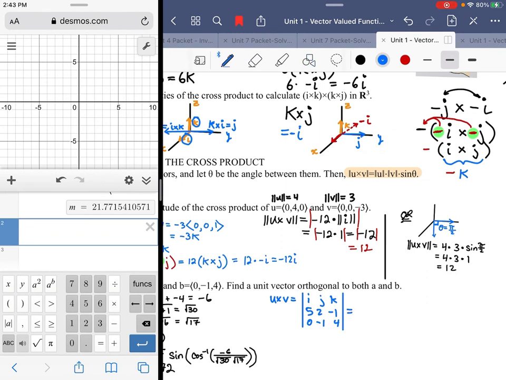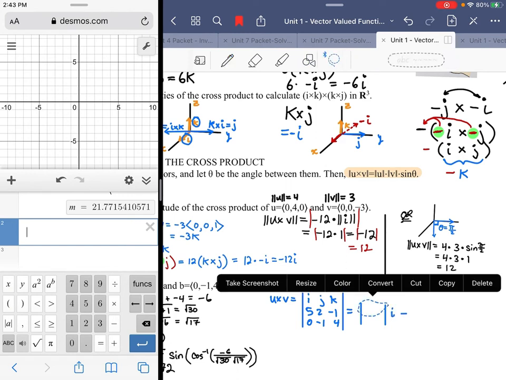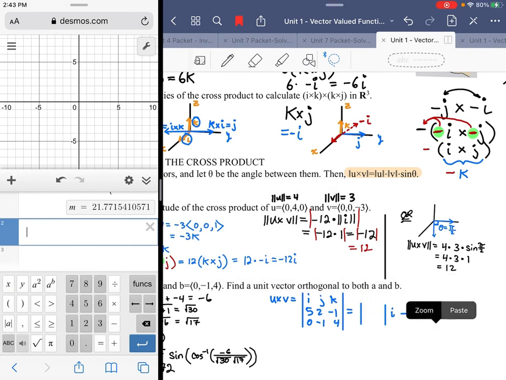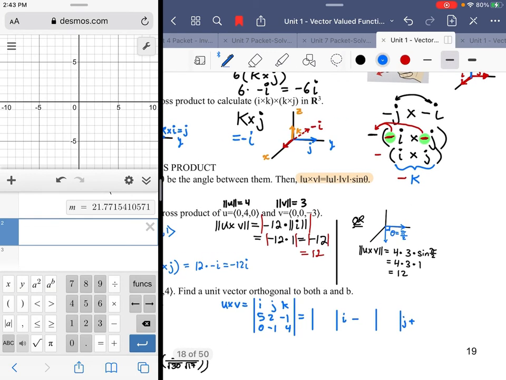So we know that it's going to be in the form of a 2 by 2 square matrix multiplied by I, minus a 2 by 2 square matrix multiplied by J, plus another 2 by 2 square matrix multiplied by K.